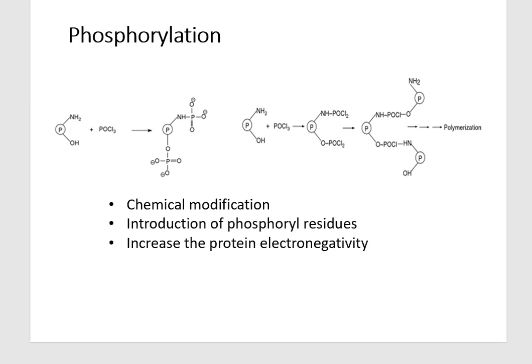It involves the introduction of phosphoryl residues, resulting in increased negative charge, increased protein electronegativity. Depending on the protein type, solubility can improve or can be reduced. But from a nutritional standpoint, there's an increase in phosphorus content, but there's no significant change in digestibility.